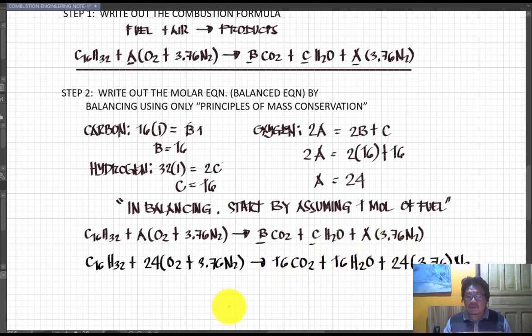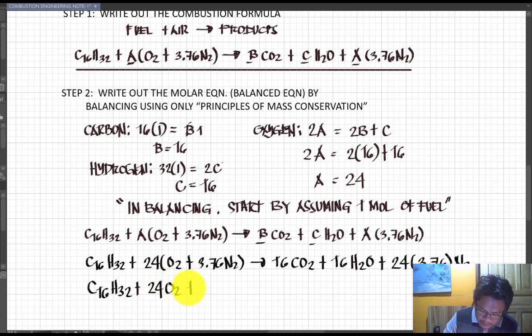Now, if I'm going to completely expand yung equation, so we have C16H32 plus 24 of oxygen plus 24 times 3.76, so we have 90.24.